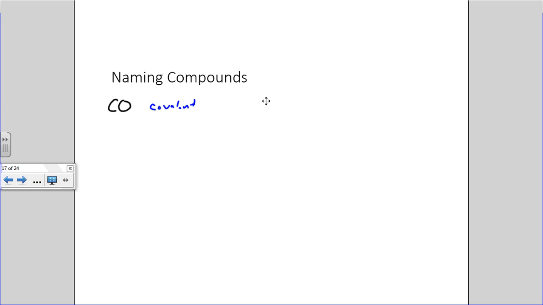So the name would be first carbon, because we don't need the mono, so just carbon monoxide. Okay, so we got oxide, and then mono is our prefix. So monoxide.